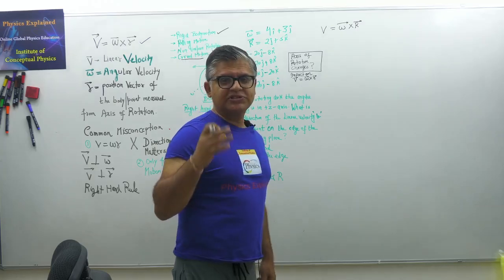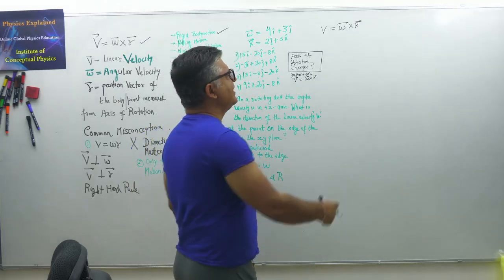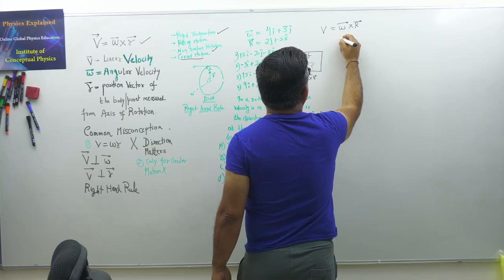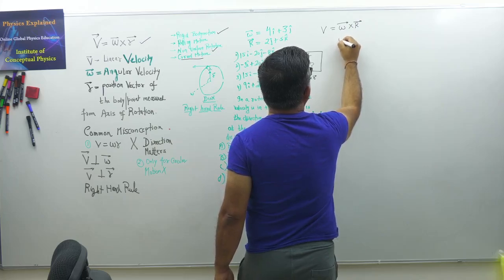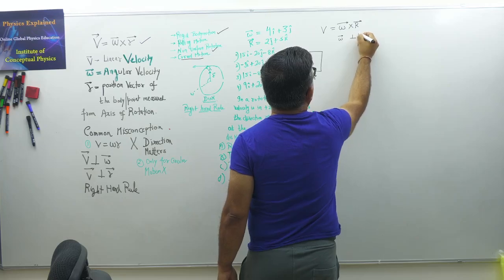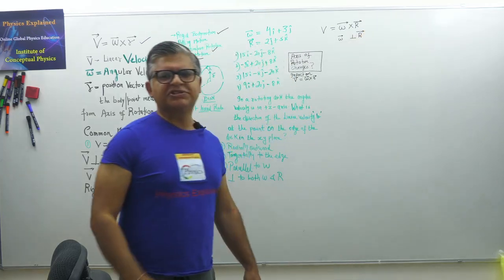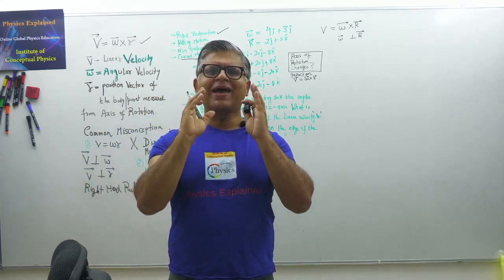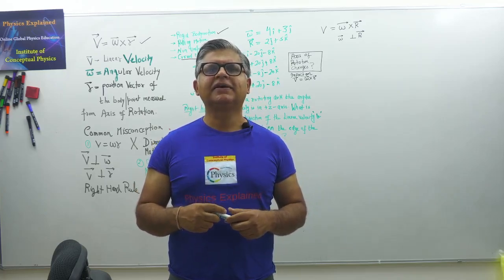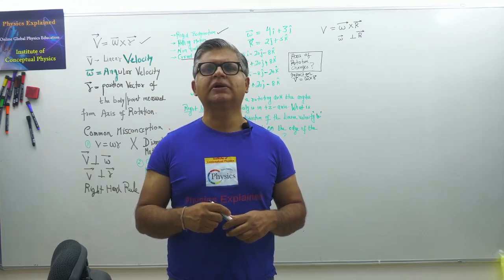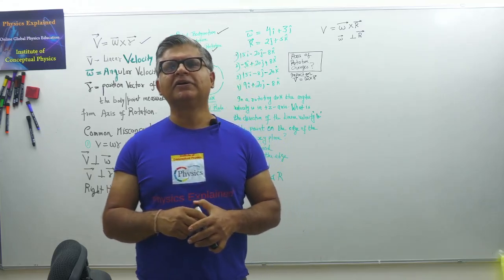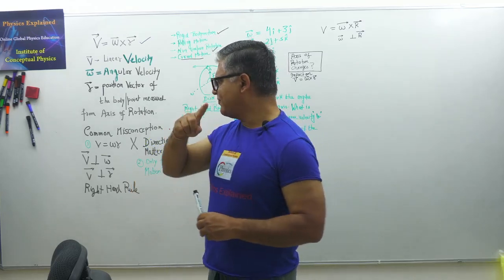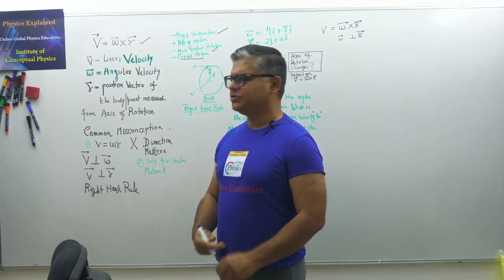The special thing is that the omega, which is your angular velocity, is always perpendicular to the position vector. The angular velocity is always perpendicular to the position vector of the body undergoing a uniform circular motion.